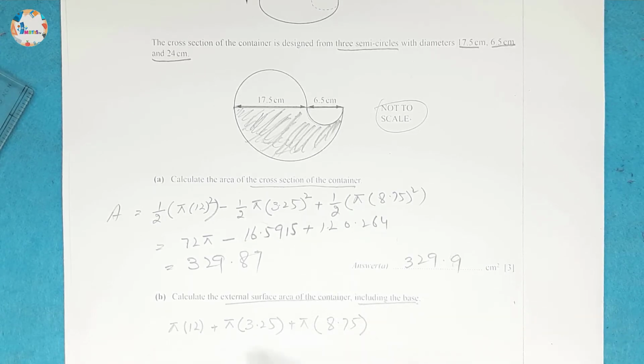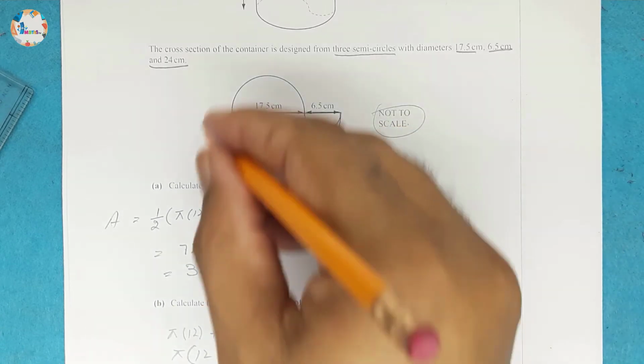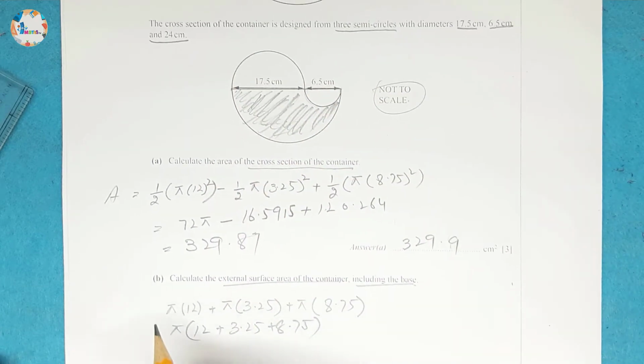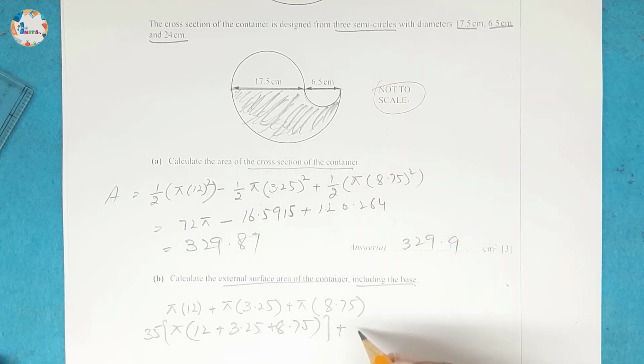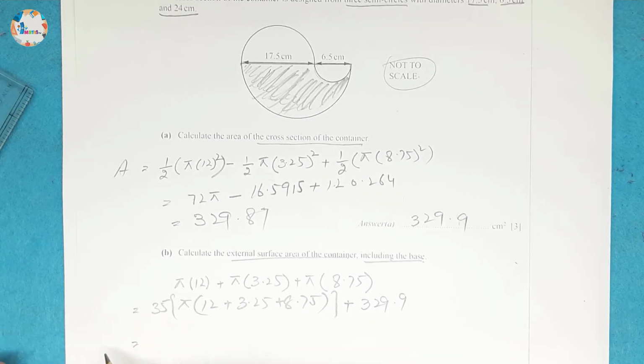So we can take pi common, so 3.25 plus 8.75. Now this will be the boundary line of this shape. We will be multiplying this by 35 height, and we will be adding this area which we have already calculated, 329.9, and this will be basically the external surface area.